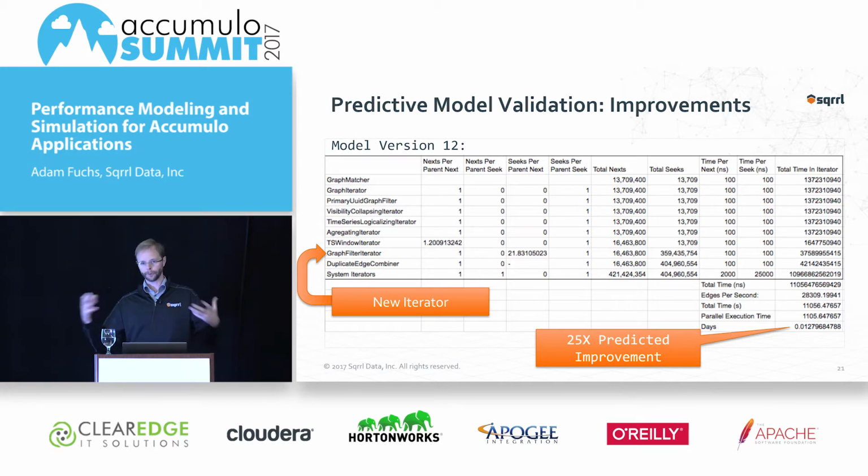This type of overall predictive model really allows us to see what's going on, get a good idea for what we might be able to do better, and understand whether, when we extrapolate to larger sets of data or larger clusters, our predicted performance calculations are going to scale or not.